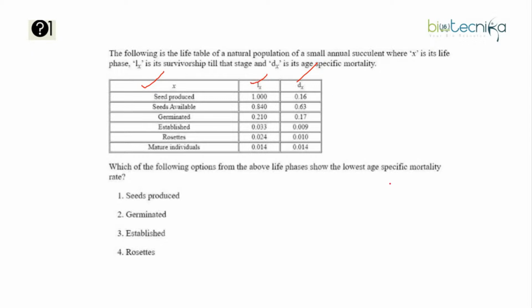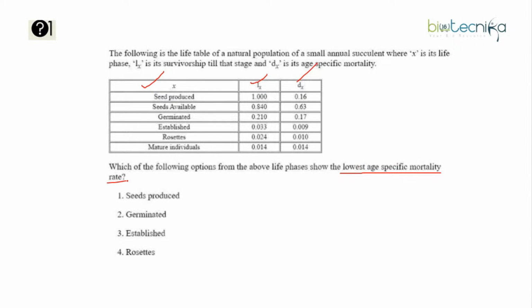What you have to find? Which of the following options from the above life phases show the lowest age specific mortality rate? So you need to understand what is this age specific mortality rate. Do you remember?